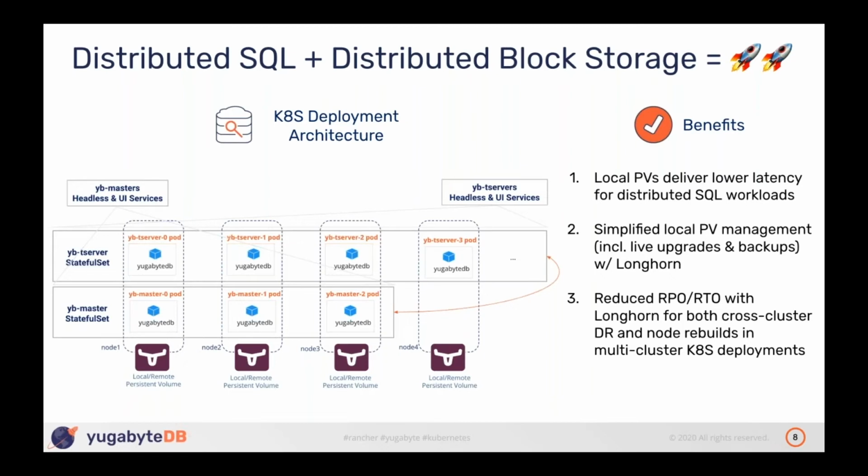So the end benefit is that you can derive higher performance on the distributed SQL side, and you can get better RPO, RTO by essentially banking on Longhorn to accelerate the rebuild of the nodes whenever something goes bad. It's clearly a win-win situation here. Okay.